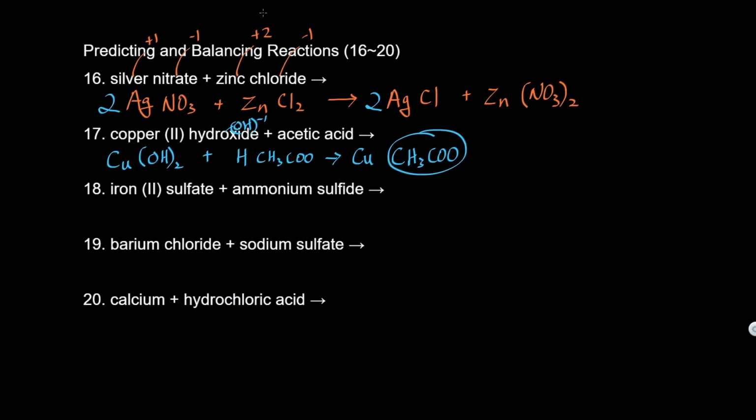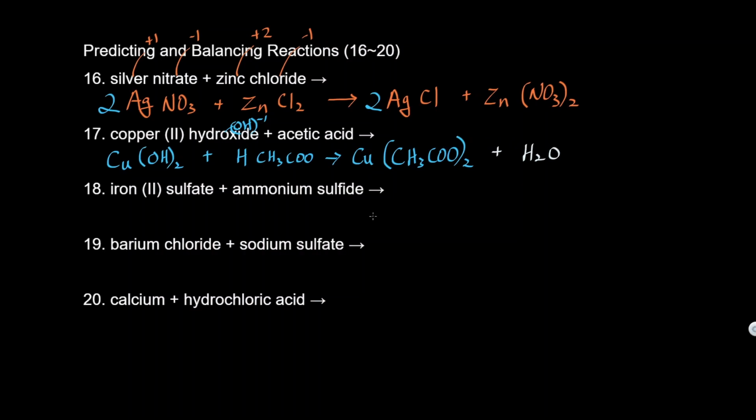This whole thing has -1 charge, but then copper has +2 charge, so you need to put parentheses here and just put 2. Okay, and that leaves us with this hydrogen right there, because it's an acid, it will bind with that hydroxide, the whole thing OH, to become water. Okay, I'm just going to put plus H2O right there.